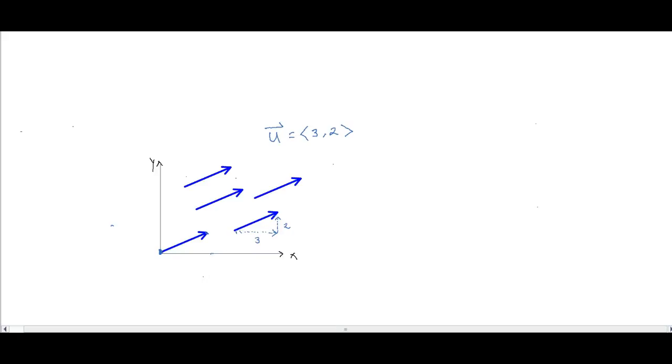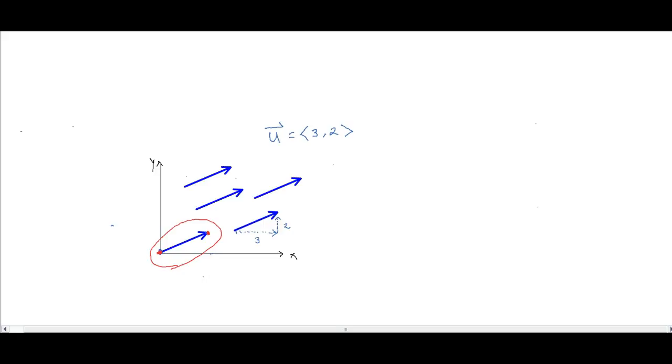Now, of all the arrows that you can draw to represent exactly the same vector, the one that originates at the origin is called the position vector. So a position vector is the one that has its initial point at the origin.